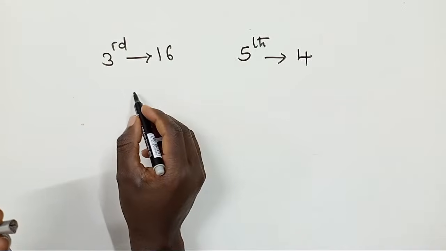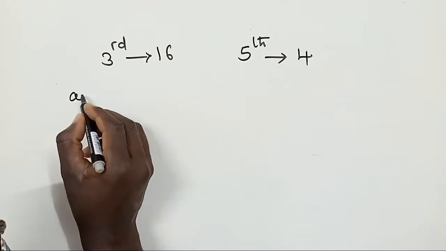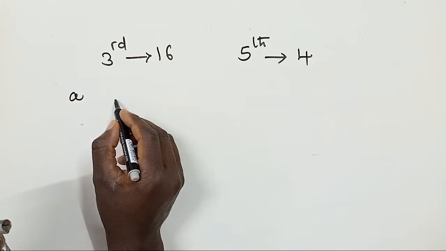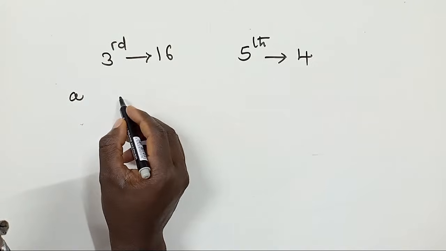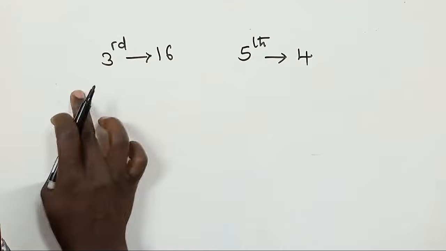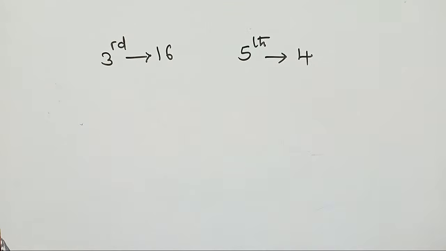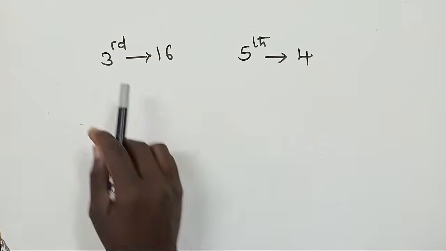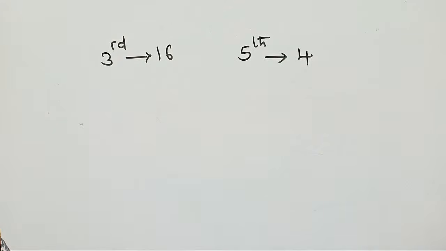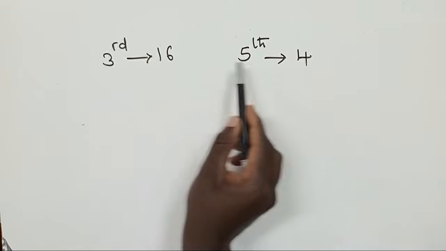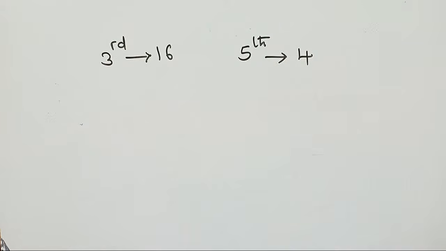Calculate the first term, which we know is supposed to be A, and the common ratio. So we need to calculate the first term and the common ratio. Remember, this is GP, and the statement says the third term is 16, the fifth term is 4. So how do we find the first term and the common ratio?